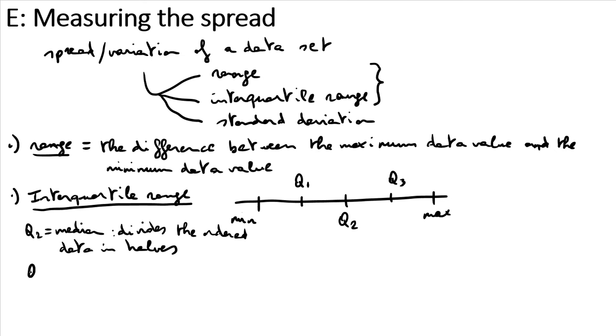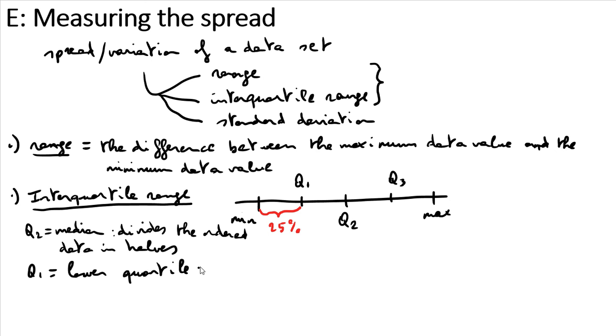So Q1 is called the lower quartile. And when we are at the lower quartile here, that means that we are 25% of the way through the ordered dataset. So that means that 25% of all data values are lower than the lower quartile.